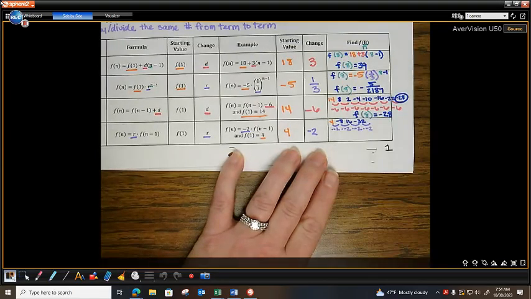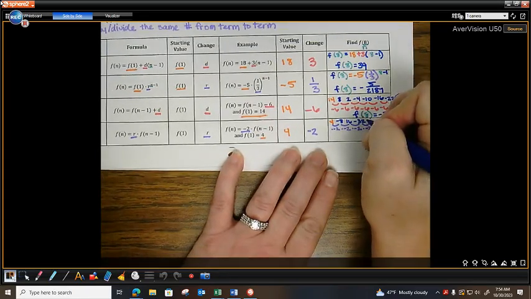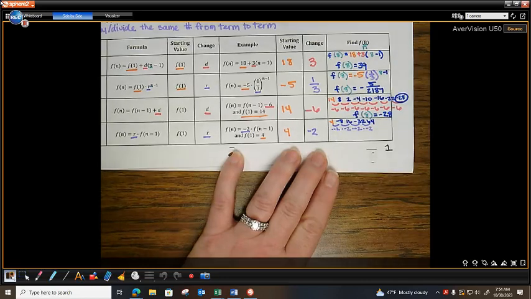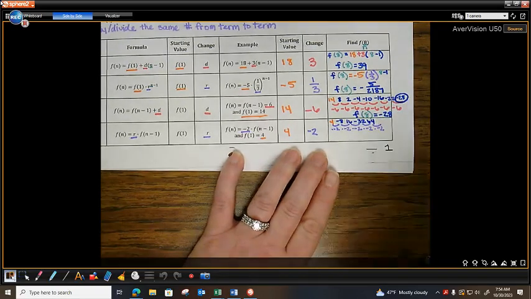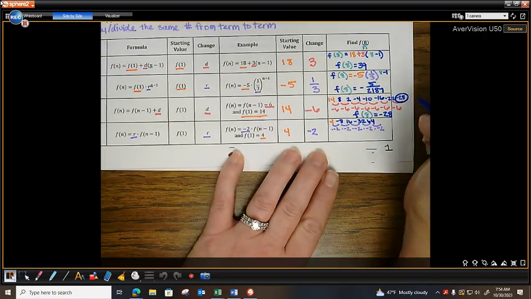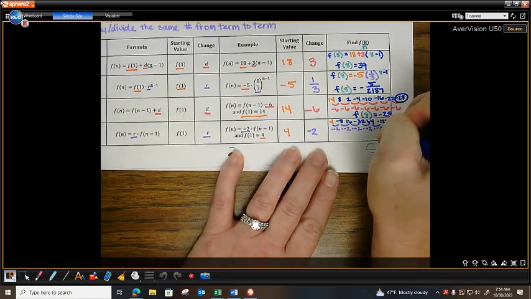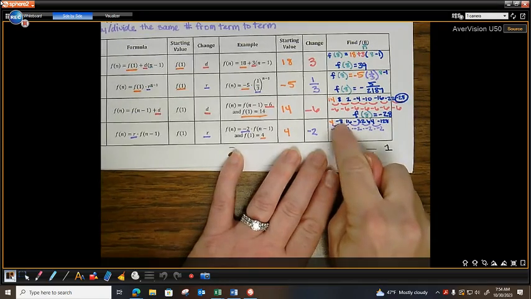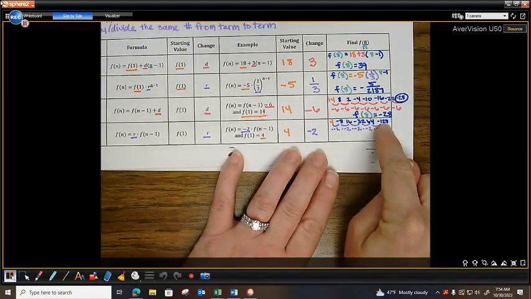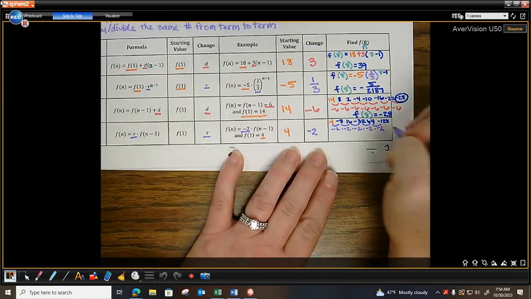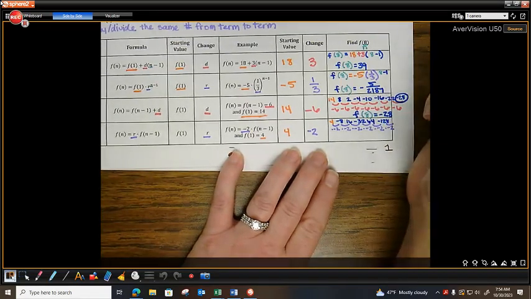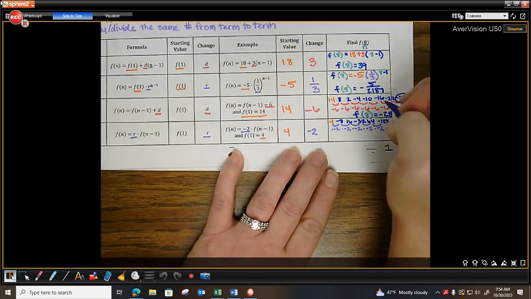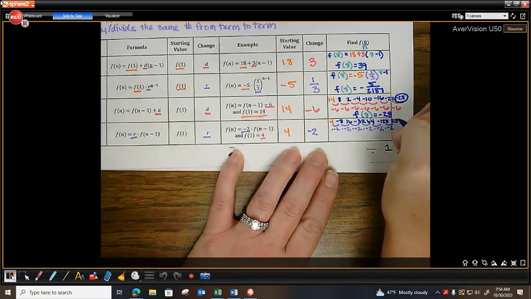Times negative 2, and that gives me positive 64. Times negative 2, negative 128. So let's see where we are. 1, 2, 3, 4, 5. We're at 6. I don't want to be at 6. I need to be at 8. So times negative 2, and that gives me 256.